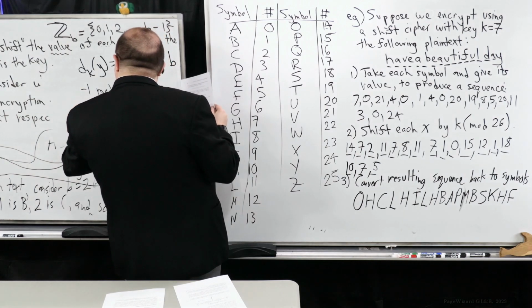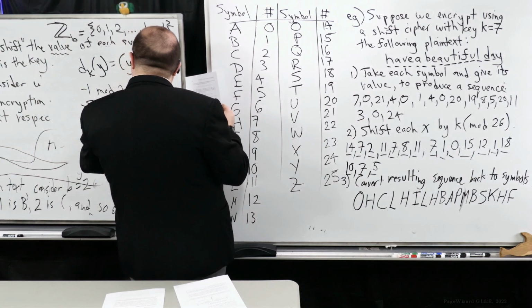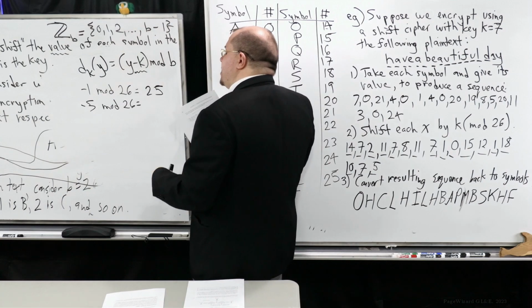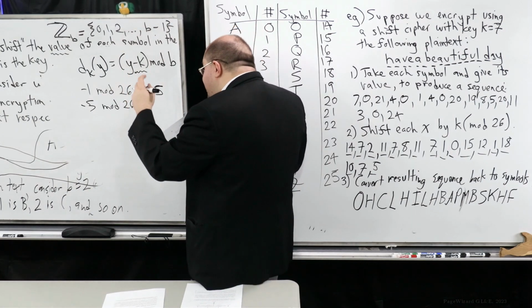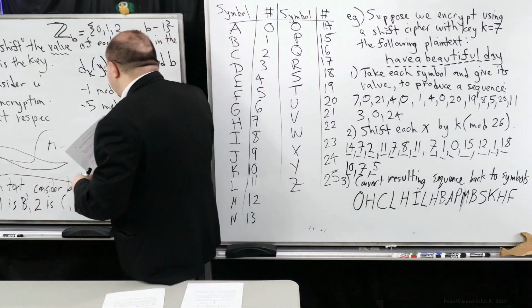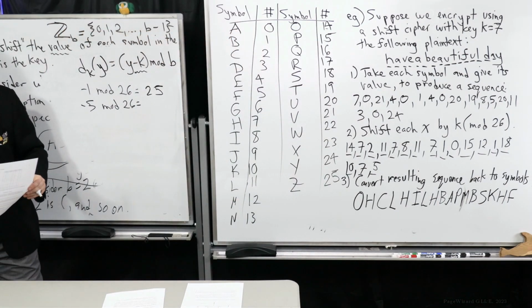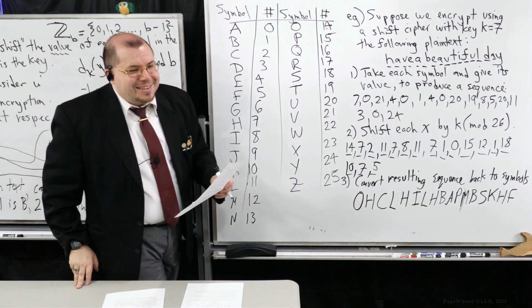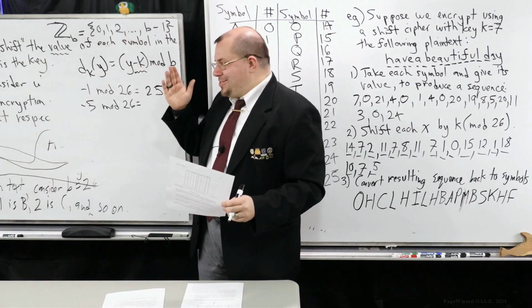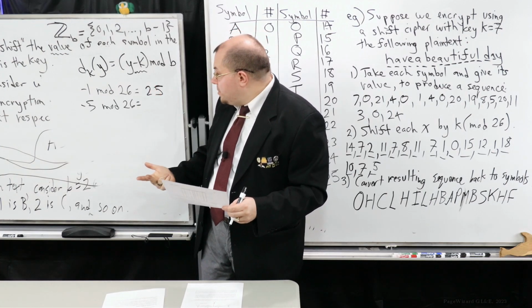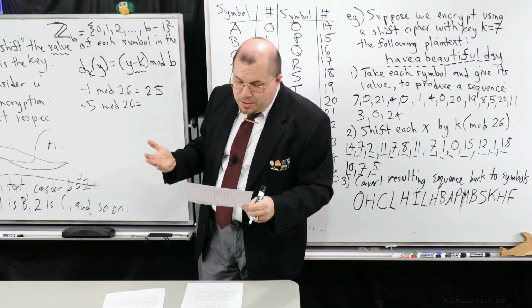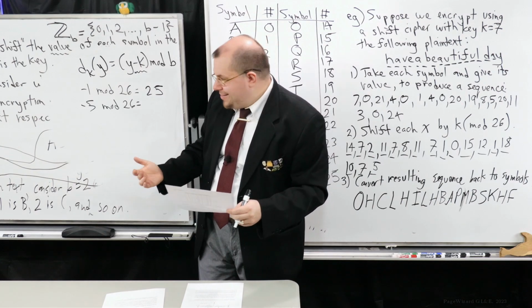How about minus 5? Well, walk backwards, right? Remember, 0 mod 26 is 26. Minus 1 mod 26 is 25. So walk backwards from 26. So we know 0 is 26. So 25, 24, 23, 22, 21, right?